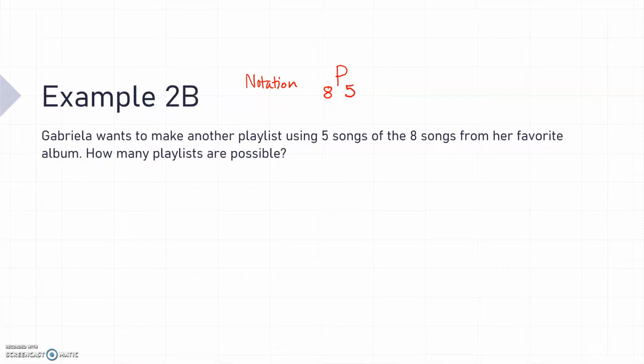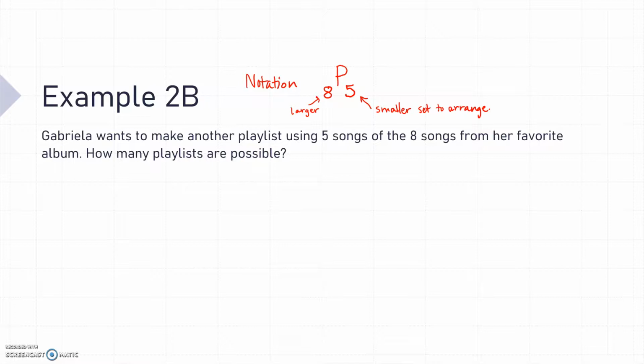That means the larger group is 8, and we are choosing to arrange a smaller set. And the P means permutation, so it means that they will be in order.